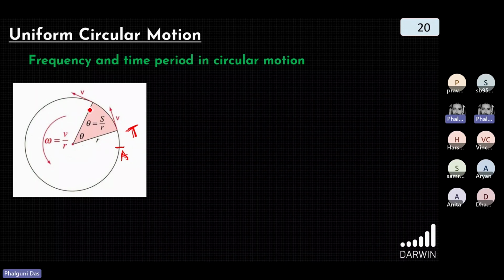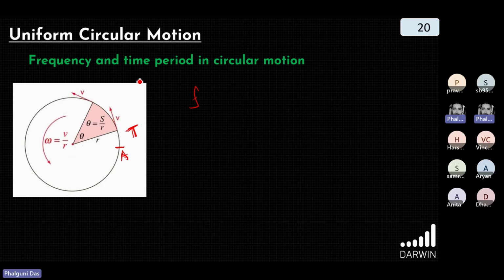Next is frequency. Frequency is also related to the time period. Time period is how long it's taking to come back to the same point. Frequency is defined as how many full rotations it is doing in 1 second. Time period is how long it takes to move one full rotation.